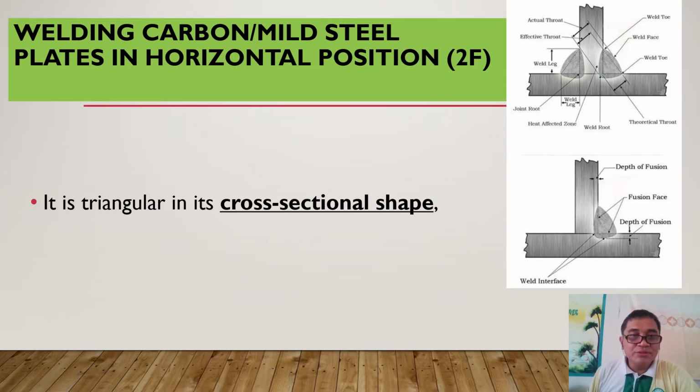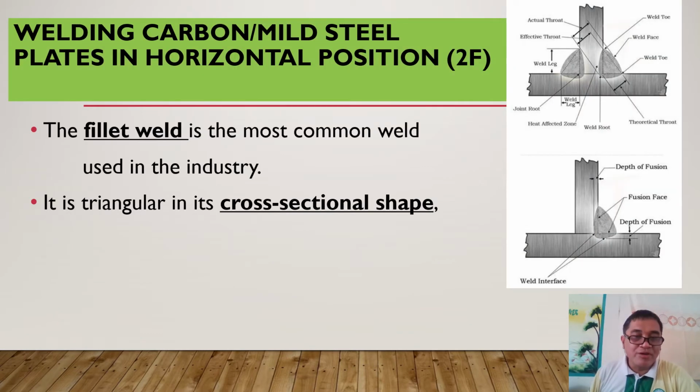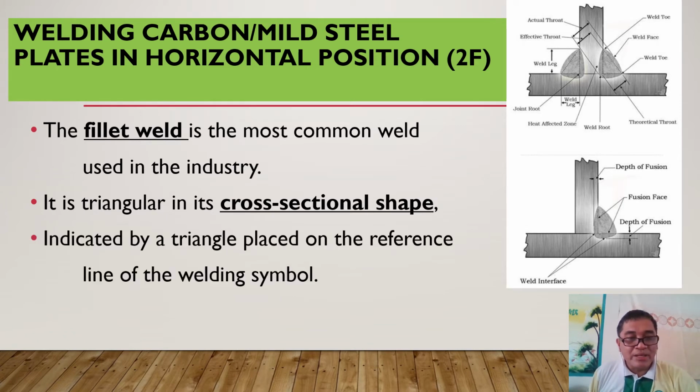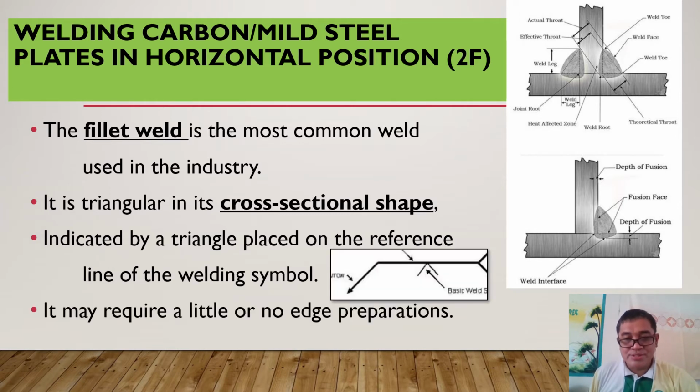Okay, let's move on to the fillet weld profile. So what is a fillet weld? The fillet weld is the most common weld used in industry. You have there on the right section the fillet weld and its corresponding names and profiles. A fillet weld is triangular in its cross-sectional shape and is indicated by a triangle placed on the reference line of the welding symbol.